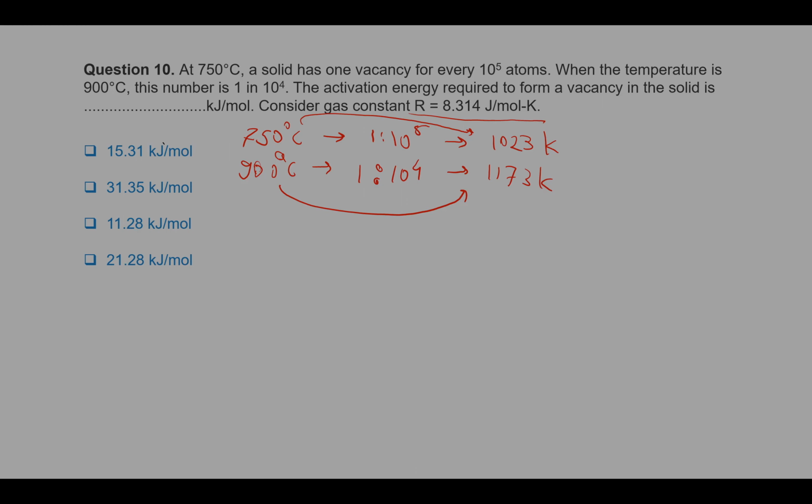Now the formula is simply this one. Number of vacancies is equal to total number of atoms times exponential of minus Qv upon RT. This temperature would be in Kelvin since R is in Kelvin.